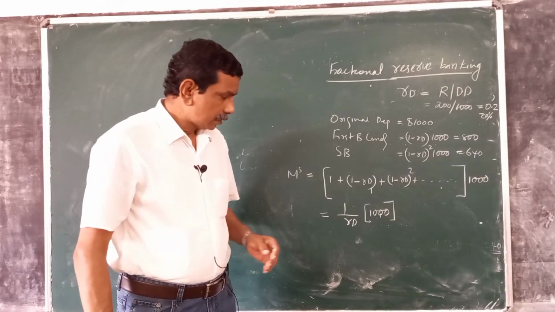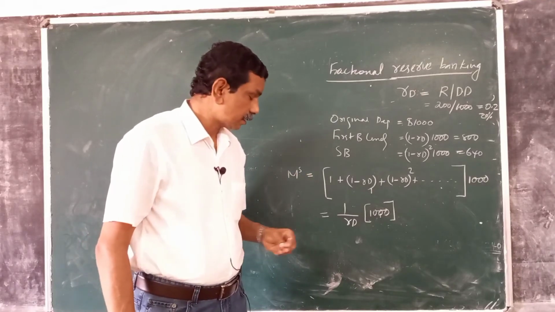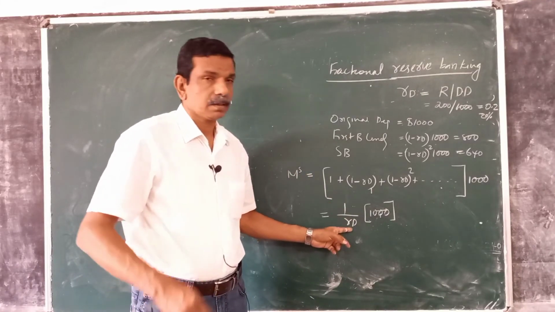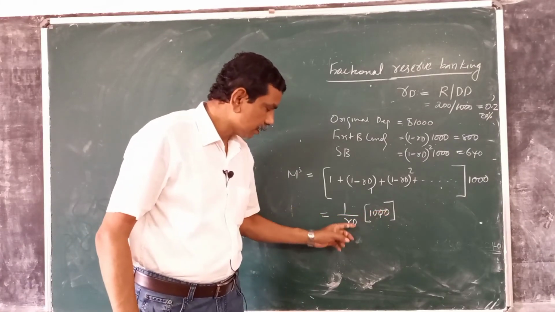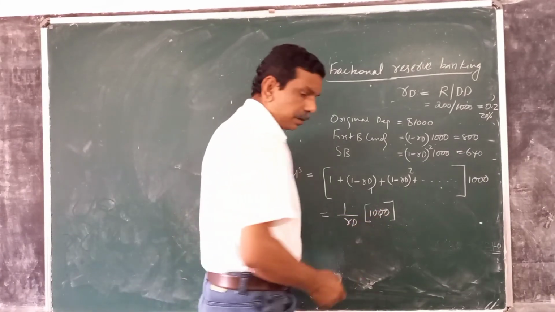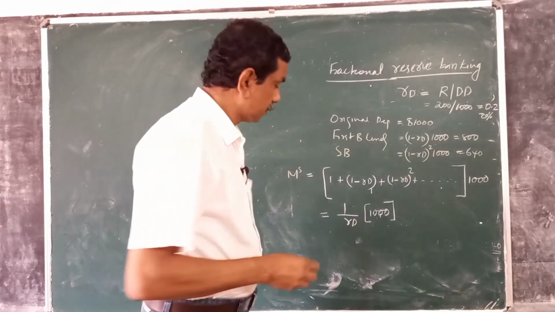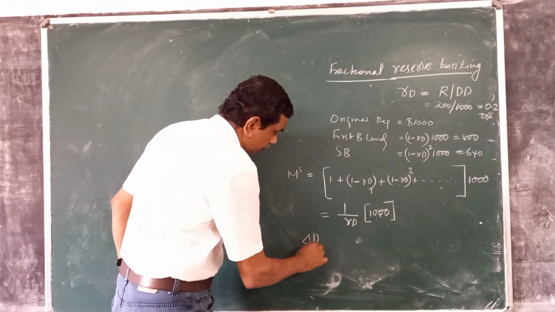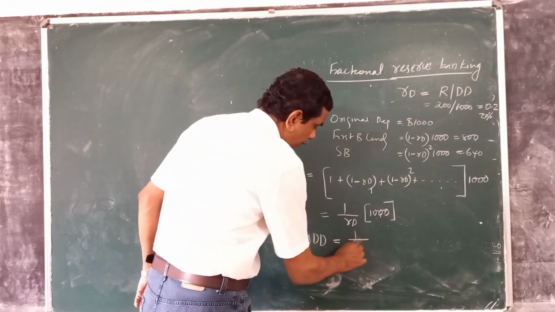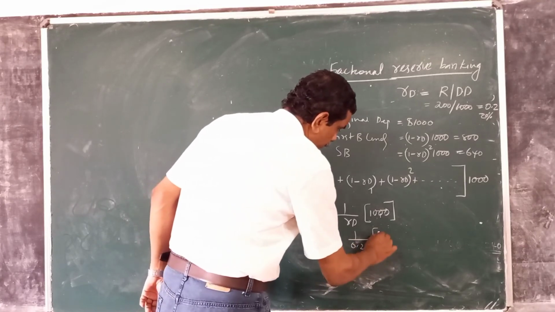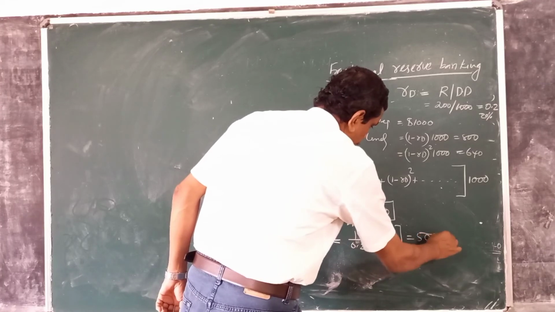So it means $1 reserve generates 1 by RD amount of money. In our example, let us see the change in demand deposits. In this case money supply is equal to 1 by 0.2 into 1000 is equal to 5000.